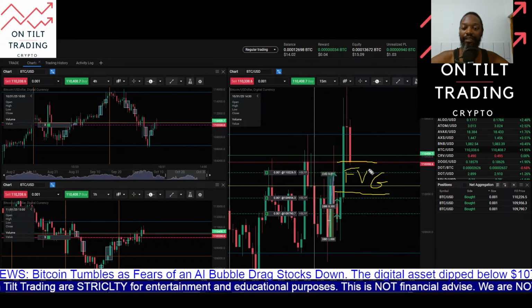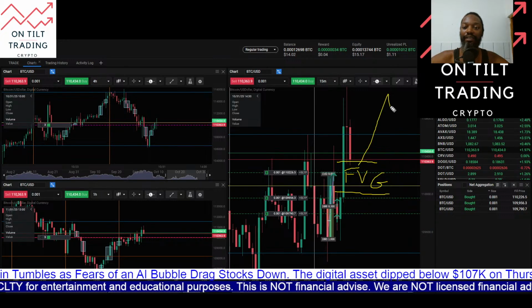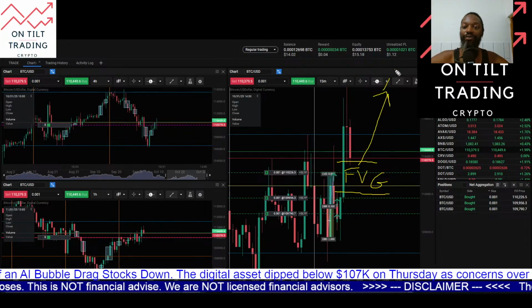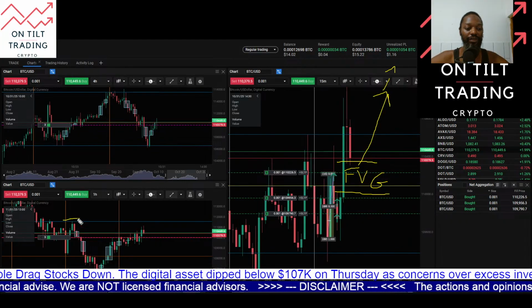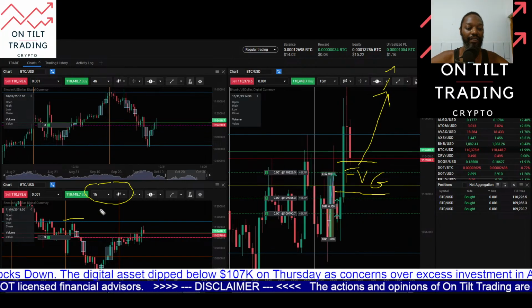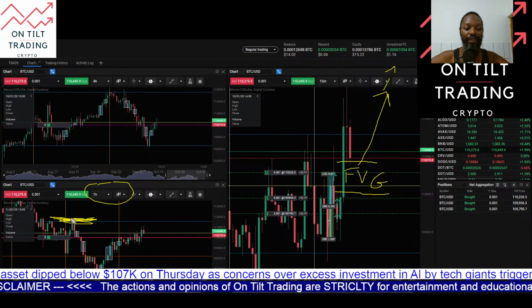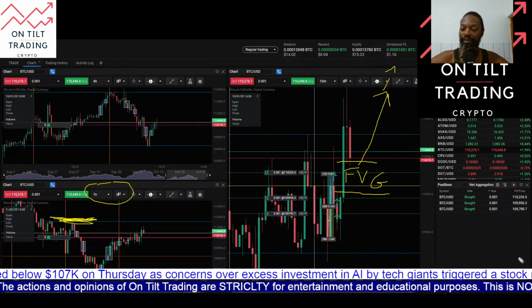And this could be enough to send price back to the buy side and into new highs, and potentially here on the 1 hour chart, sweeping out the buy side liquidity above this area.